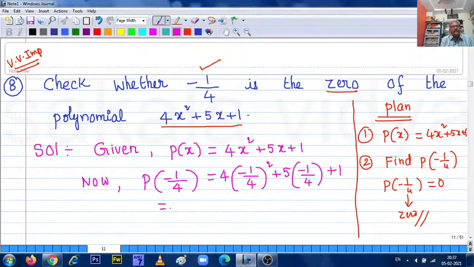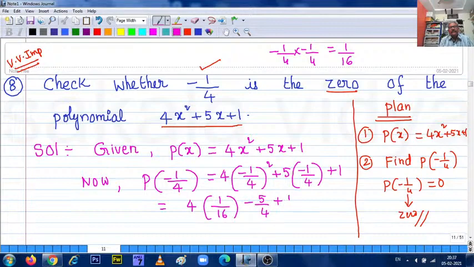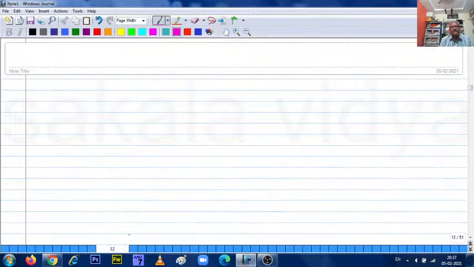Okay. Now 4 times minus 1 by 4 whole square means minus 1 by 4 into minus 1 by 4. This is 1 by 16. So we can write 1 by 16. This is minus 5 by 4 plus 1. 4 ones are 4, 4 fours are 16. So we have 1 by 4 minus 5 by 4 plus 1.